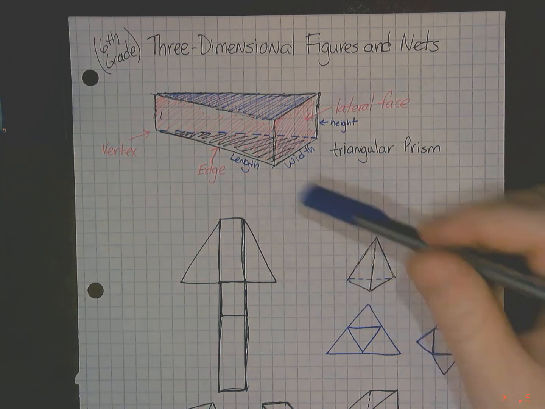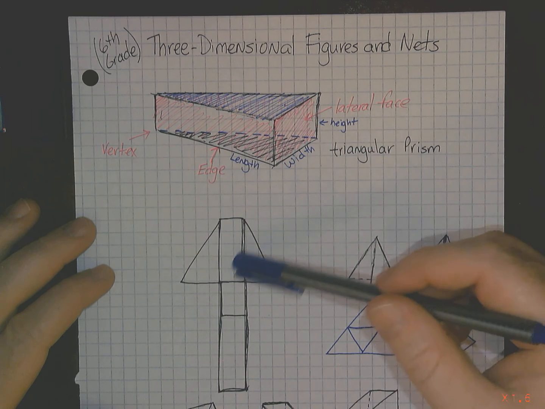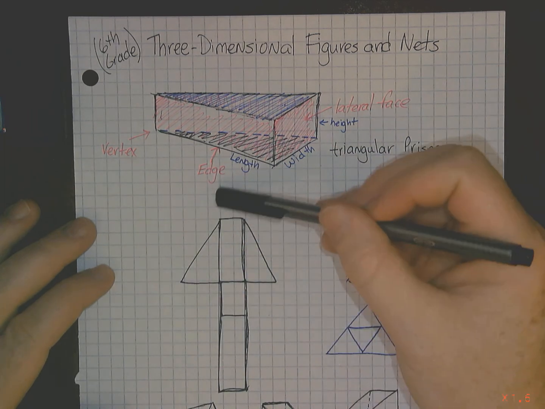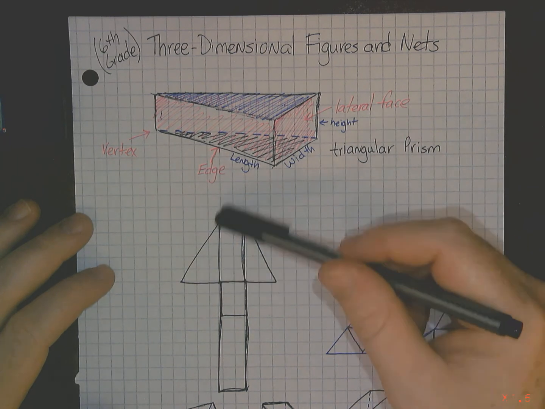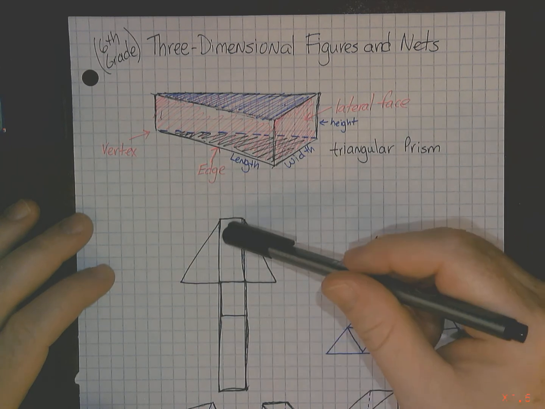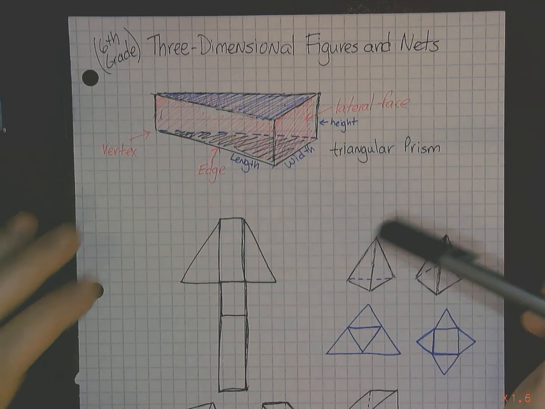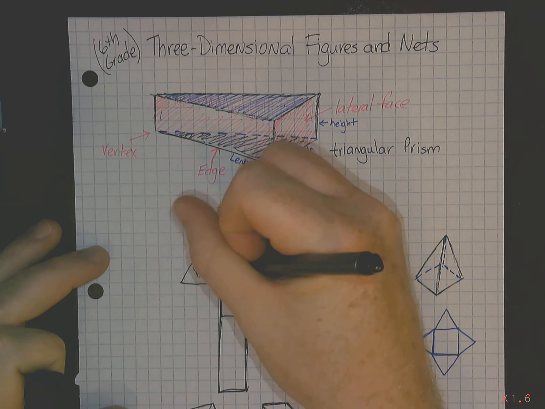So that net would look like this. Now you could draw this a lot of different ways. This rectangle here could be up here if you wanted it to. So you could draw this a lot of different ways. But basically, you've got a base here.